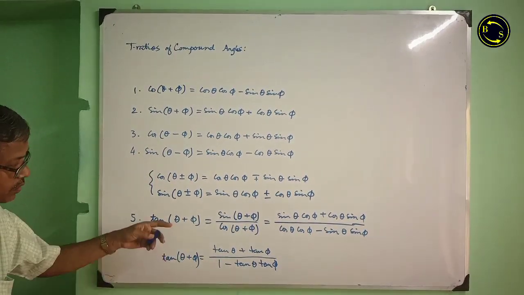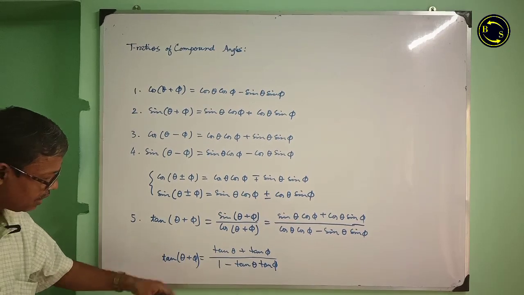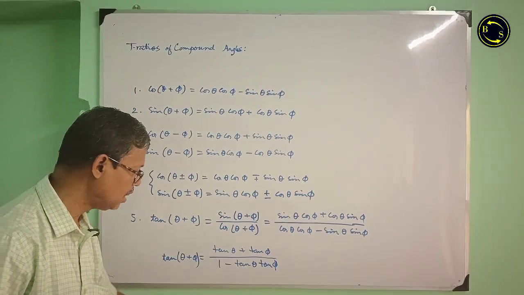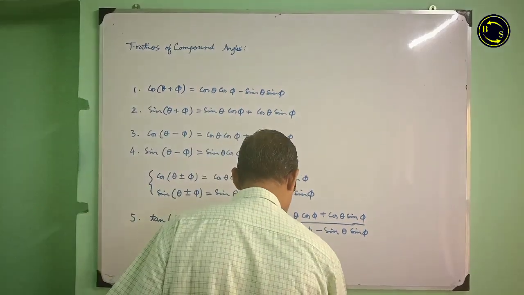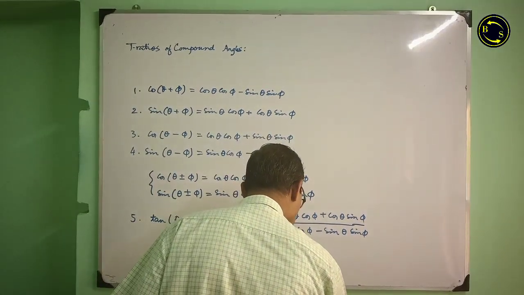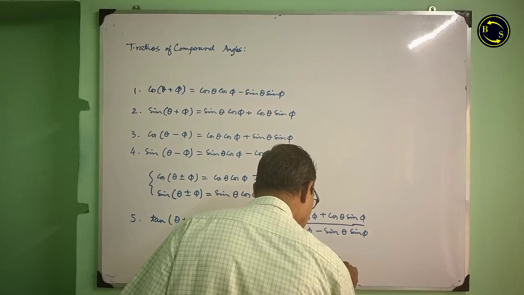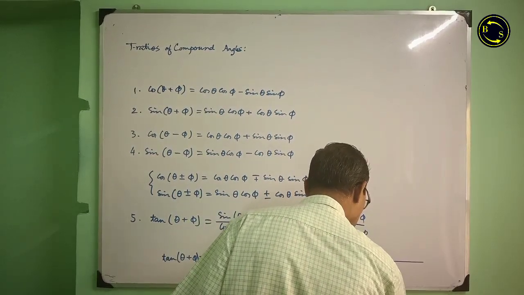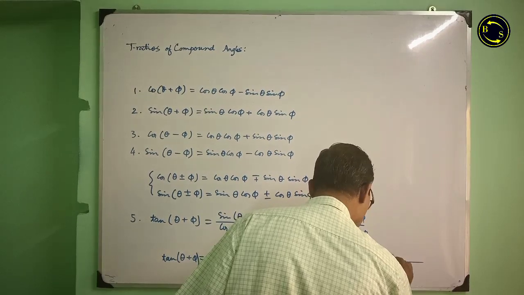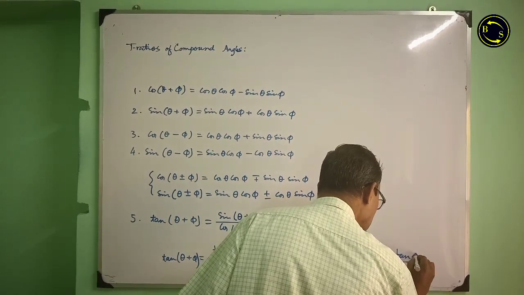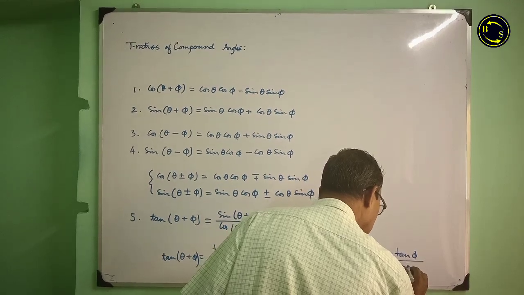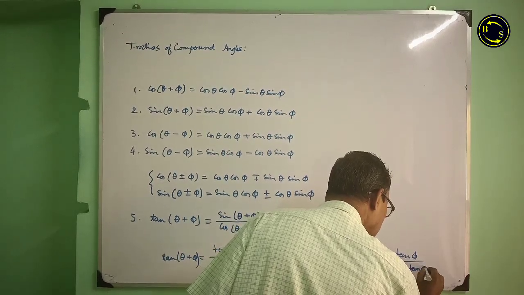Similarly, we can deduce tan of theta minus phi, that will be tan theta minus tan phi divided by 1 plus tan theta tan phi.